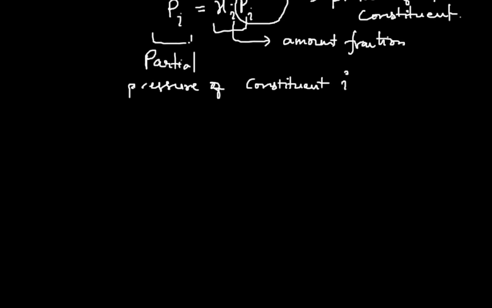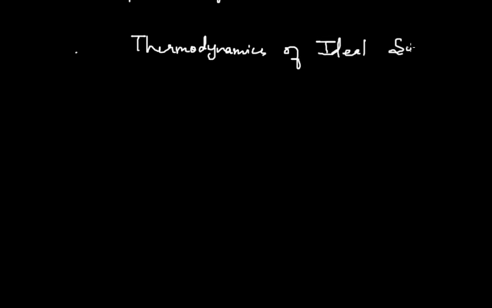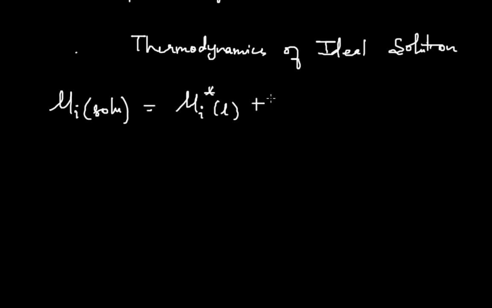Okay, so now what are the thermodynamics of ideal solution? We know that mu i of solution, which we have already derived in the previous video, is given by mu i star of liquid plus RT ln Xi.